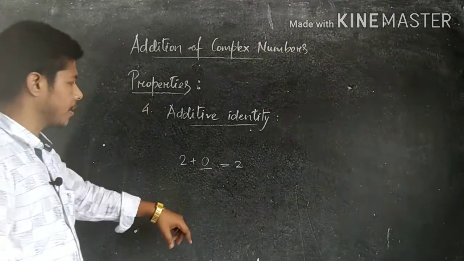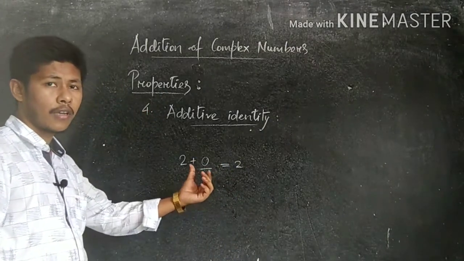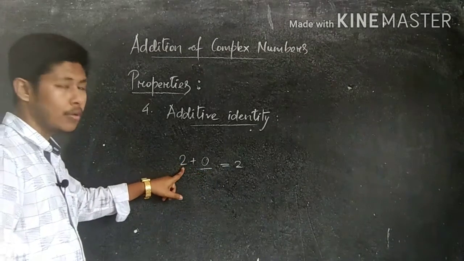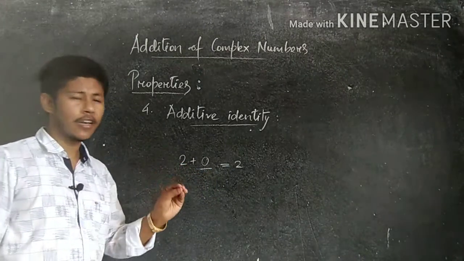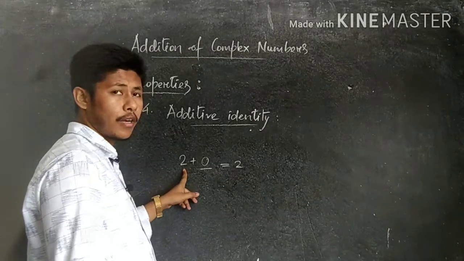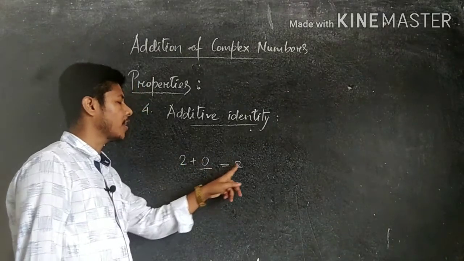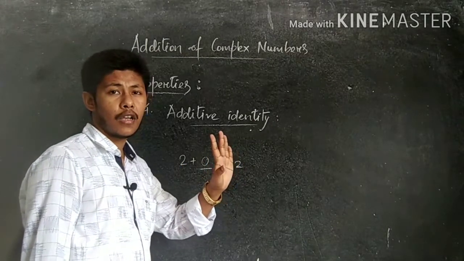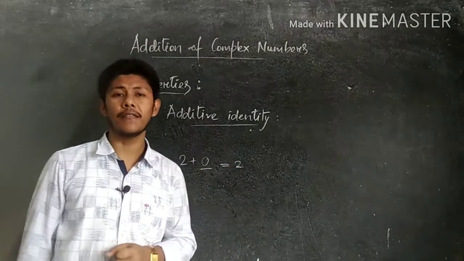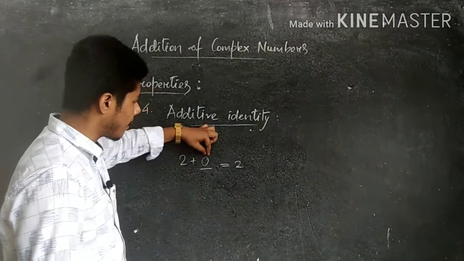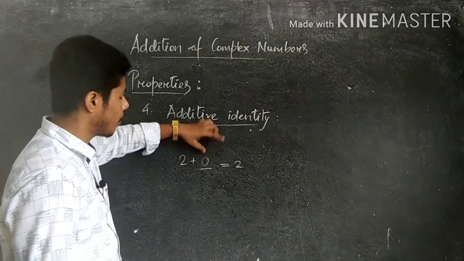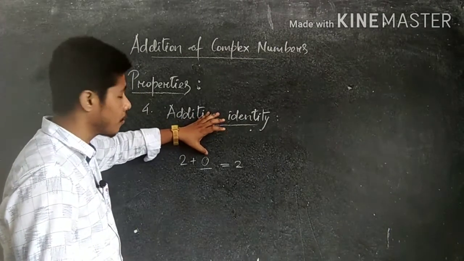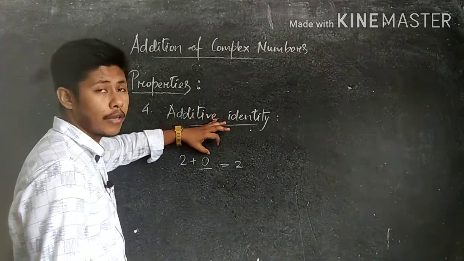So for that reason, 2 we consider a real number. Any real number you can consider. We consider 2 here. With 2, when we add 0, then the result is 2 itself. So when we get the result itself, in case of the additive term or the identity, why we say identity? Because it is unique here.